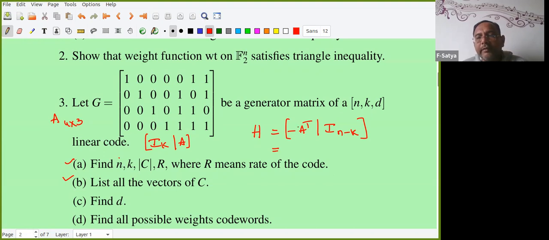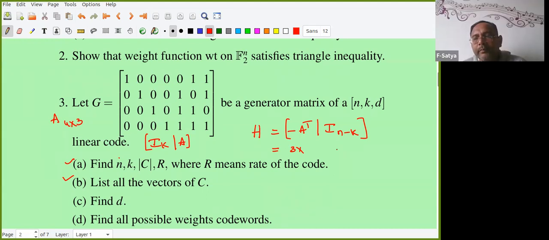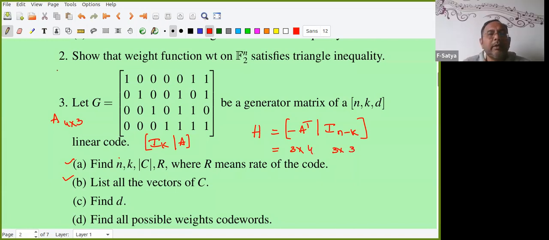Now what is the size of A transpose? 3 cross 4, so that means 4 columns. And the size of the identity here? 3 cross 3. So 3 cross 4 and 3 cross 3 give the total.